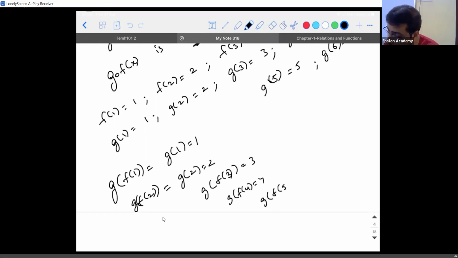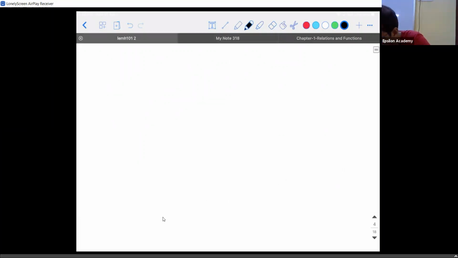So g of f of 5 is 5. Okay, this is what is happening, right? So g circle f of x is equal to x.